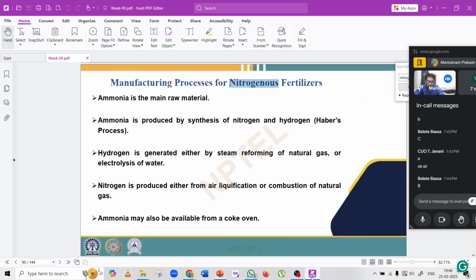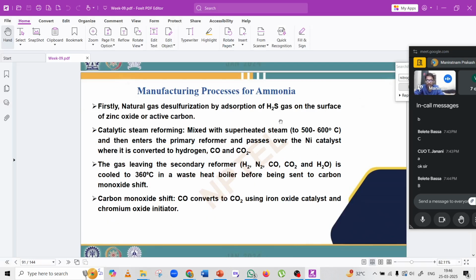Let me show you the reaction. Okay, now the ammonia synthesis of nitrogen, Haber's process. We have seen this thing.